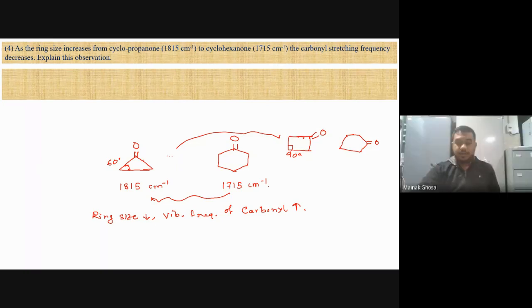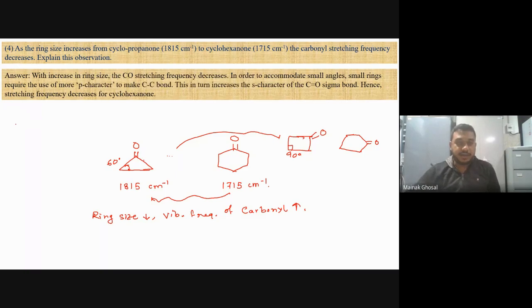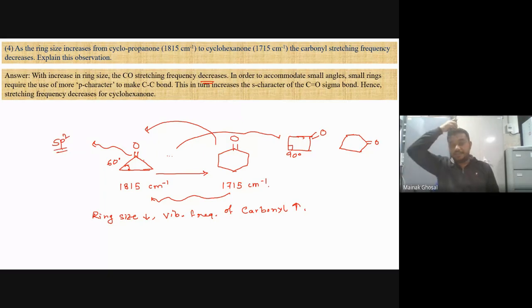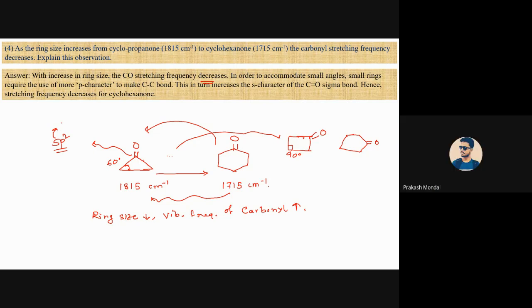Correct. So whatever he has said: if you increase the ring size, the carbonyl stretching frequency decreases. Why? Suppose you go from here to here, what will be the hybridization of this carbon? This is the carbonyl carbon, sp2 hybridized. What will be the bond angle for sp2? 120.